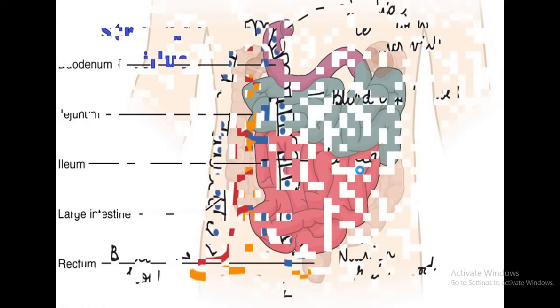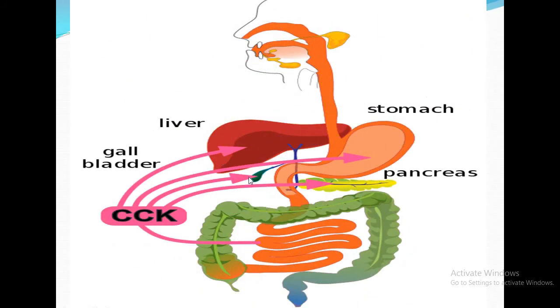This duodenum is receiving the bile duct. This blue one is the bile duct. This green one is the gallbladder. So the liver secretes bile, that bile is stored in the gallbladder, and through the common bile duct it is added to the duodenum part of the small intestine.